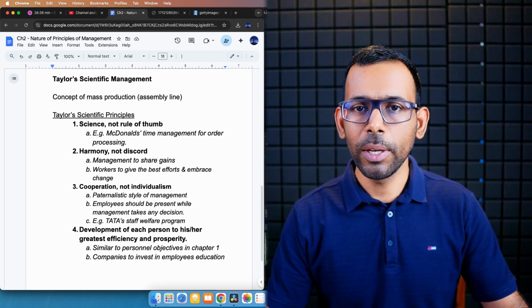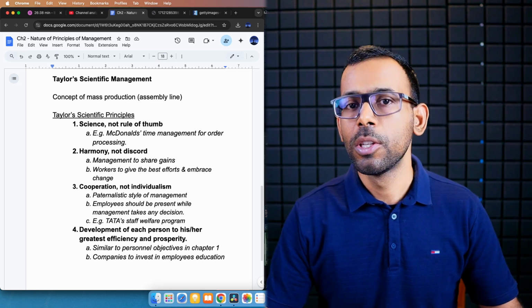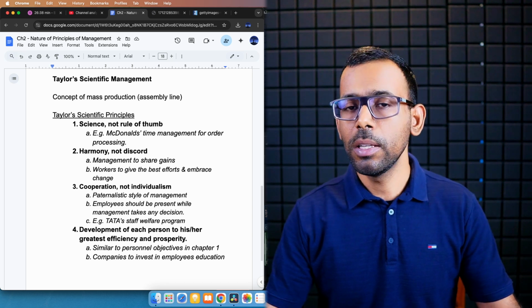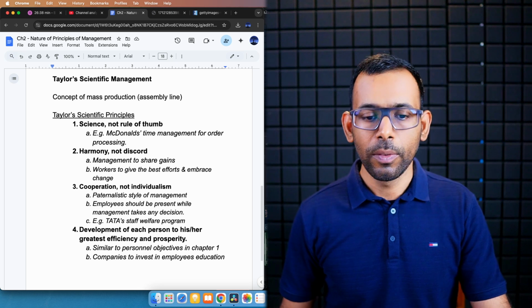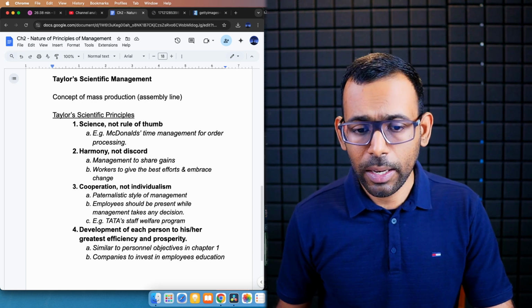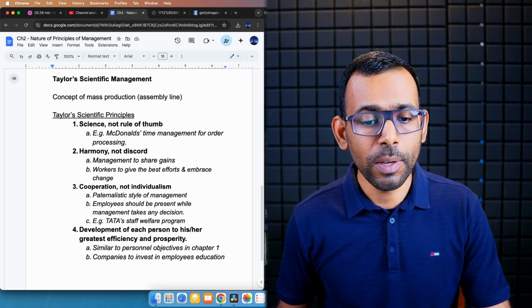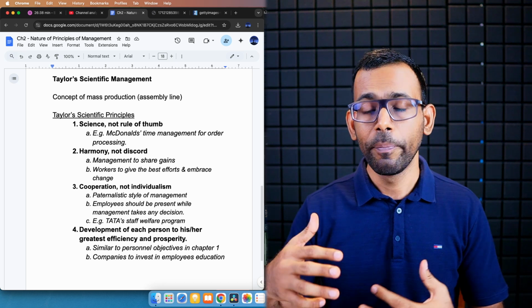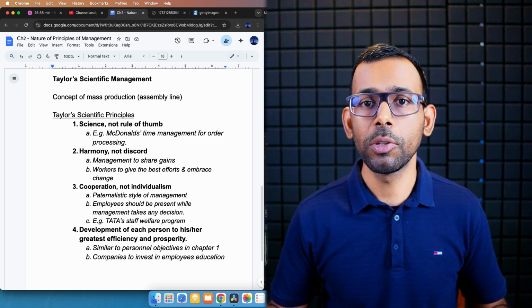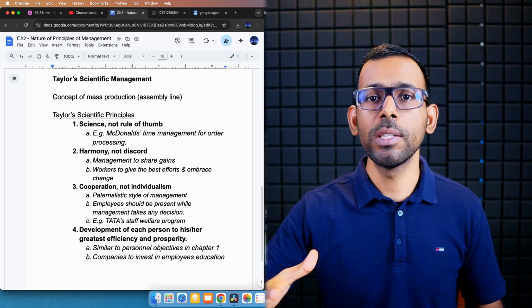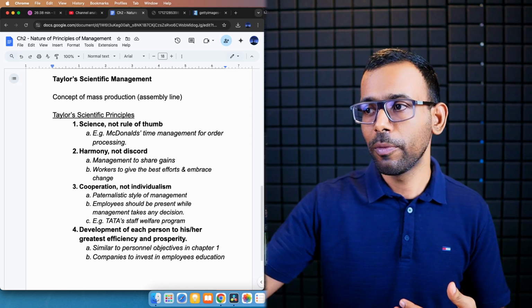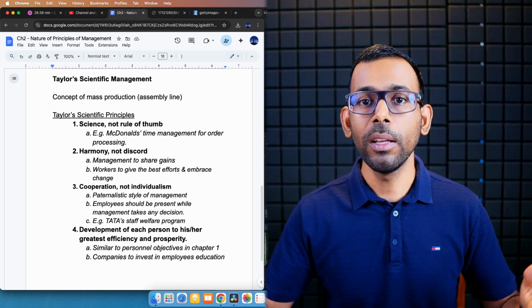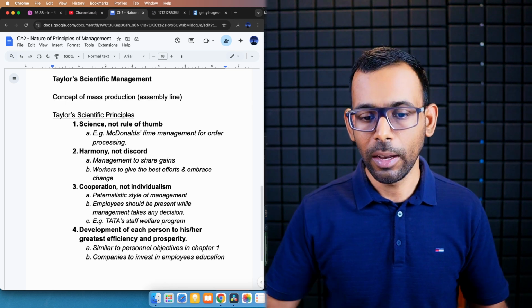Today, in many companies in India, there are lots of staff welfare schemes in both manufacturing companies and service sector companies. Also, the other point Taylor insists on is that employees should be present while management takes any decision. Management should not do anything in isolation. They should bring employees into the decision making process, so they feel that they are participating in the collective growth and are not left out.